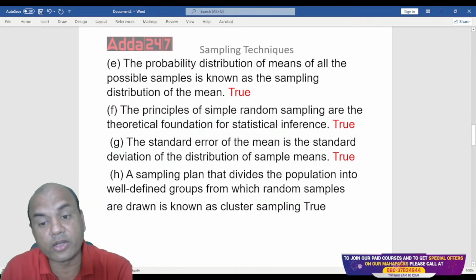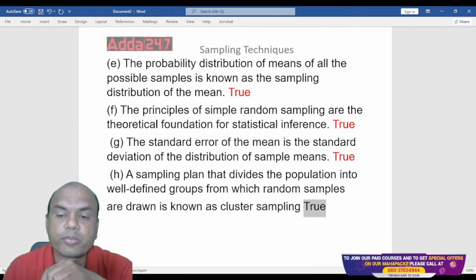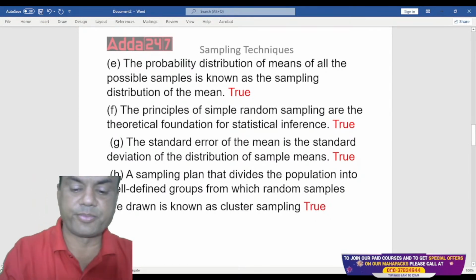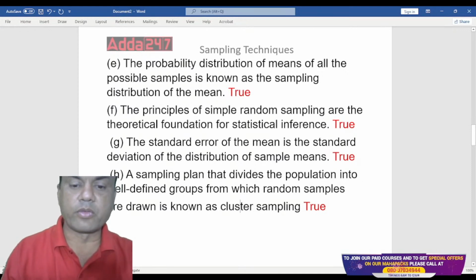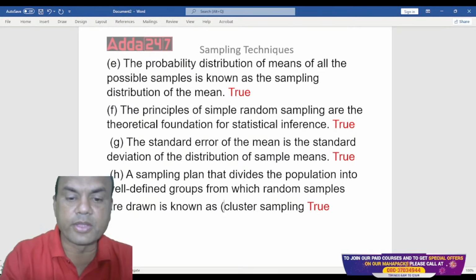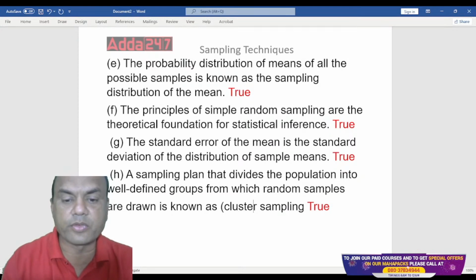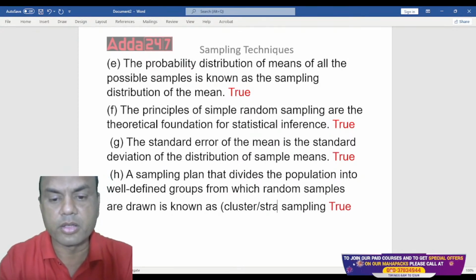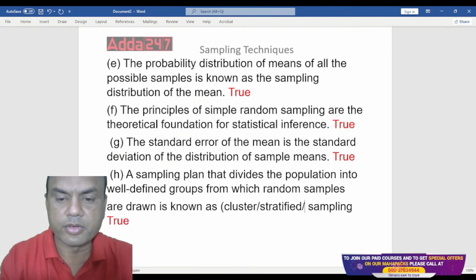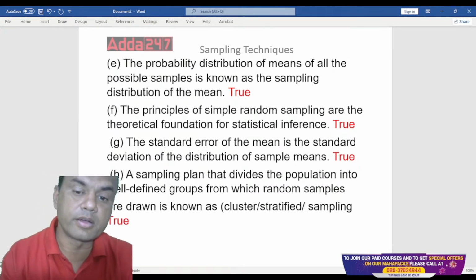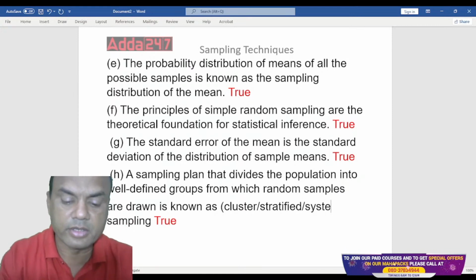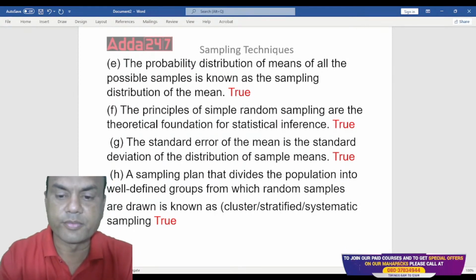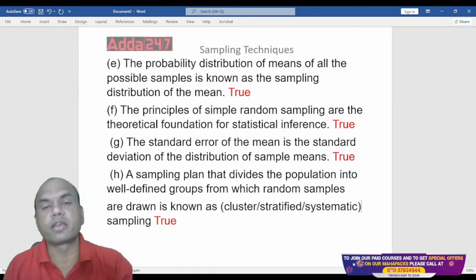I'll tell you one point here. Even if the answer had been stratified instead of cluster, or systematic, then also the answer would have been correct.